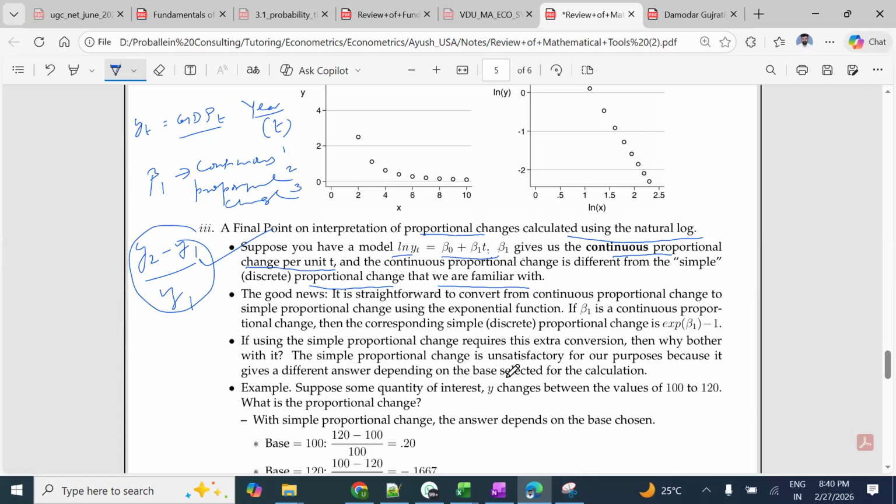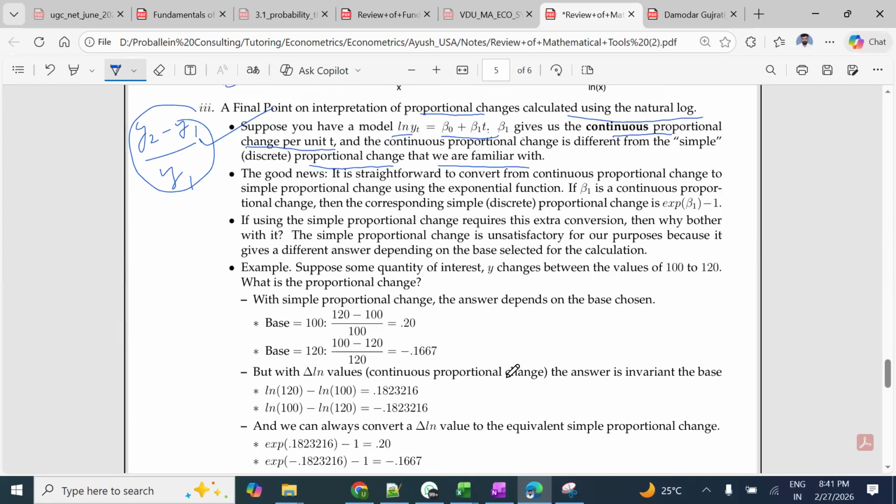Now the good news is that it is straightforward to convert from a continuous proportional change to a simple proportional change using the exponential function. If beta 1 is a continuous proportional change, then the corresponding simple discrete proportional change will be e to the power beta 1, minus 1.